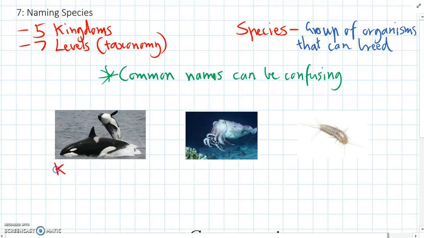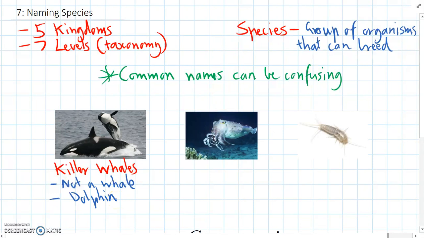You've probably seen these before. They're killer whales. But actually, they're not a whale at all. They're actually a type of dolphin, more closely related to dolphins.